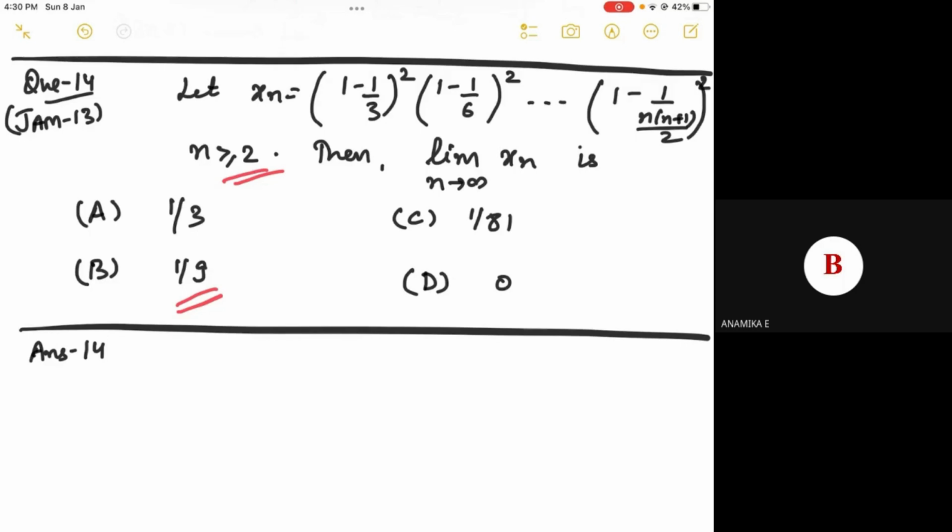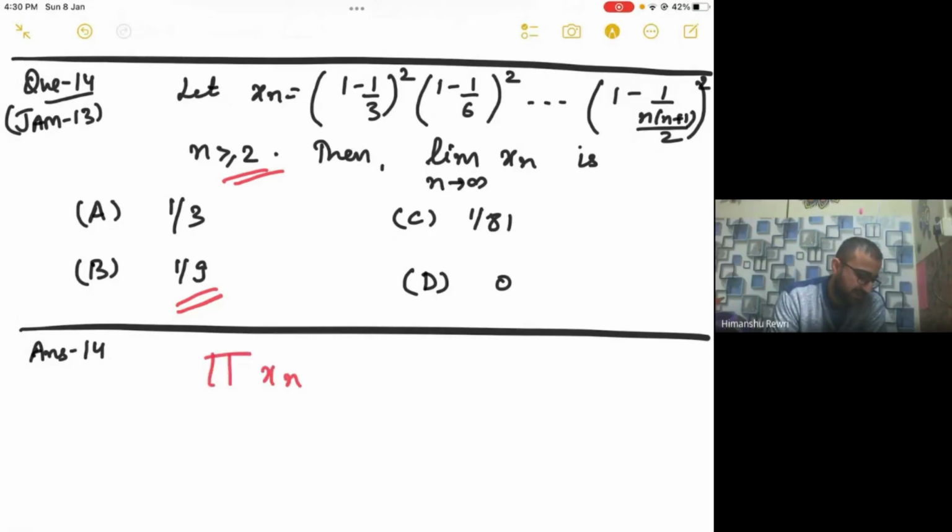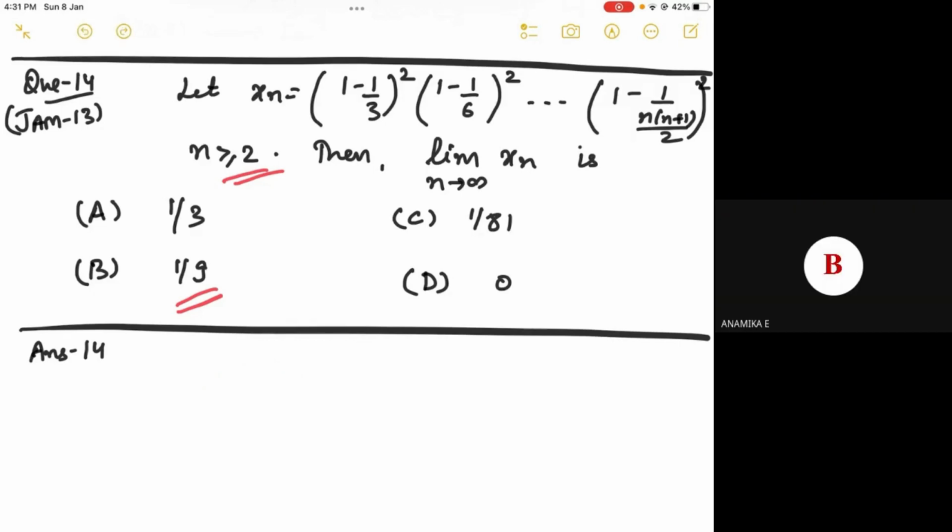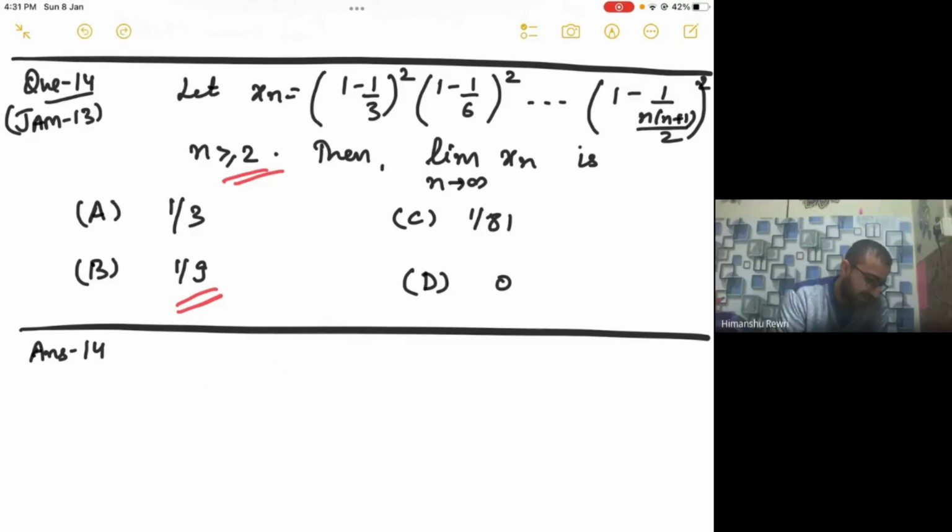Yes, you are saying we will write xn as a product, not n equal to 2, say k equal to 2 to n, of 1 minus 1 divided by k into k plus 1 by 2.